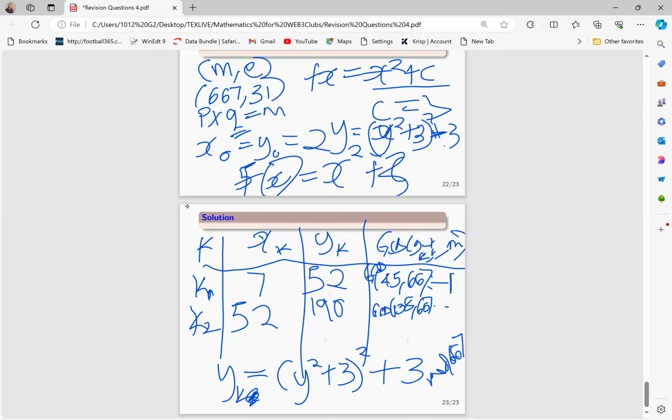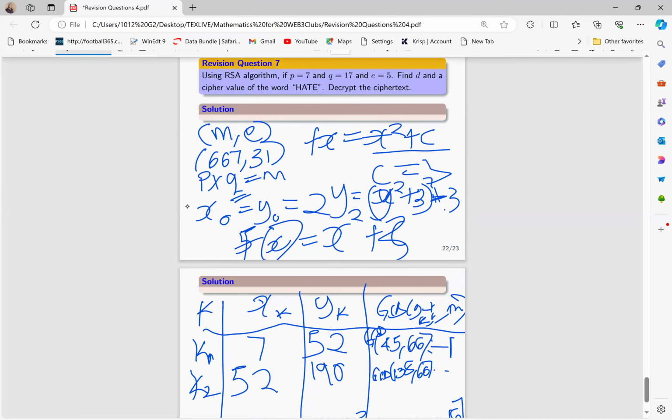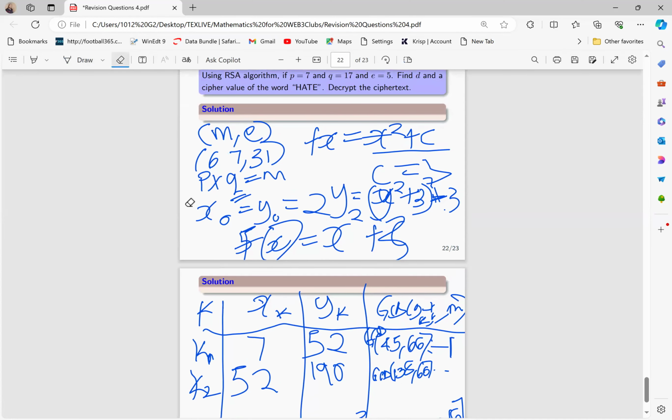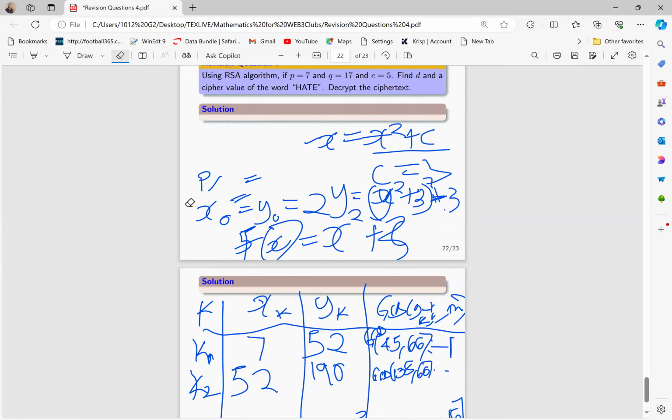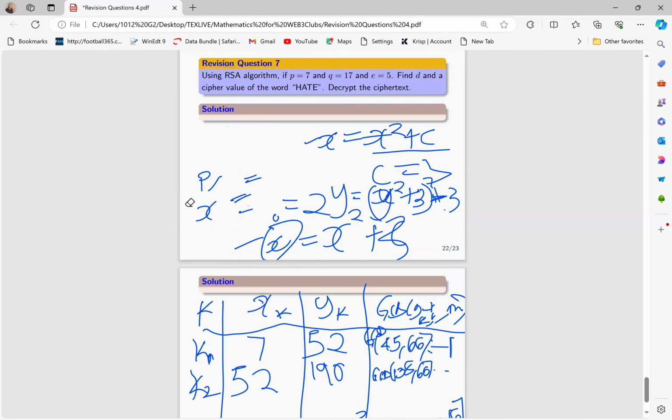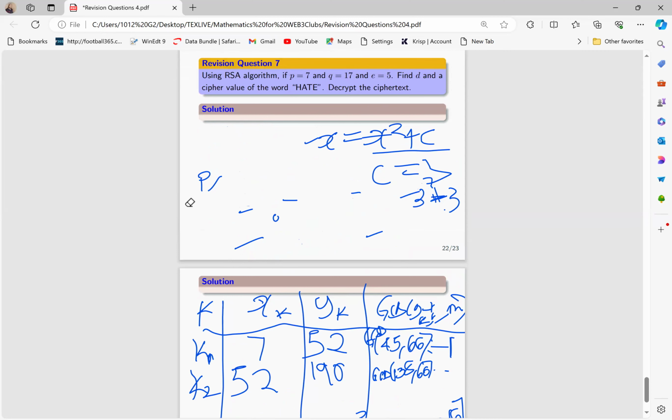Okay, let me just use Euclid to compute the GCD. When you use Euclid, you get the GCD is 23. So 23 is not 1, therefore we stop there.